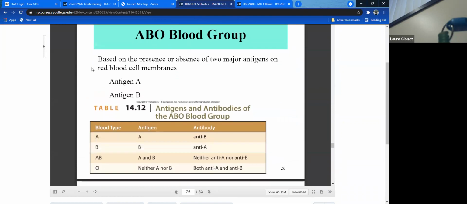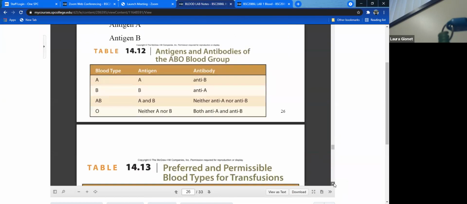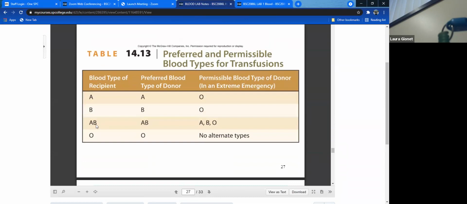So the ABO blood group is based on the presence or absence of two major antigens. As I described before, you can read through this on your own. If you're blood type A, you have the A antigen, you make the B antibodies, and so forth. I just described that. So you're trying to match donor blood to a recipient. When you donate blood or transfuse blood, something to keep in mind is that you only transfuse the red blood cells.